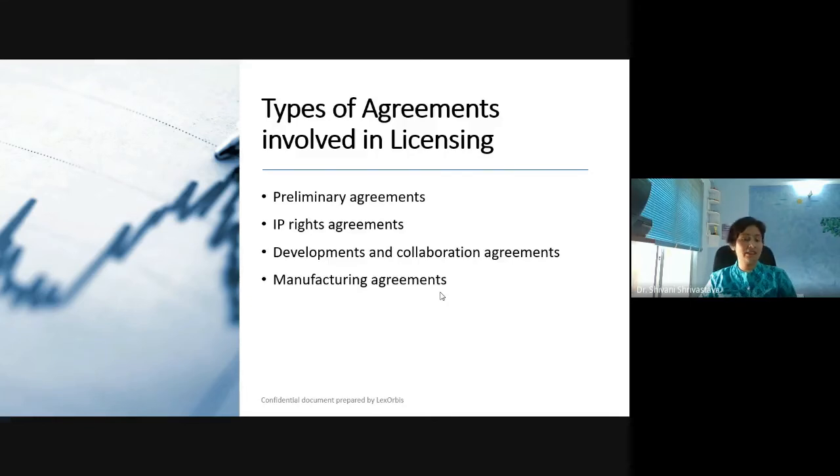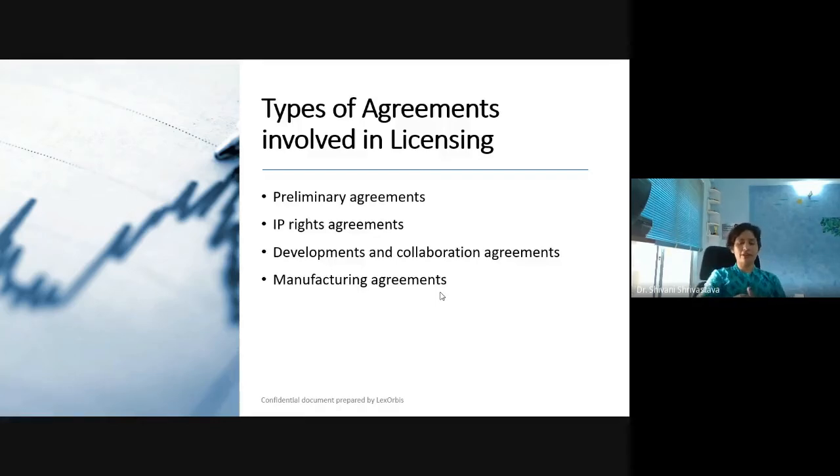And then there would be different agreements related to development and collaboration. All these things cannot be covered in the license agreement. The license agreement would talk about licensing the technology from licensor to the licensee. Apart from this, when the licensee is developing the product, or if there's a collaboration between the licensee and licensor, there will be a separate agreement explaining all the terms and conditions of the development or manufacturing of the product or of the collaboration.